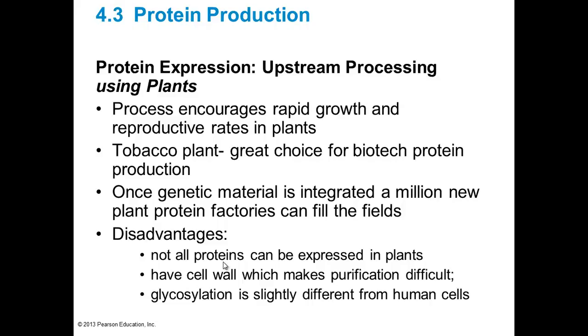And then they also have glycosylation patterns that are different from humans, and they could raise up, for a protein that's administered a lot, like insulin for a diabetic, this could raise up an immune response because there are two sugars, fucose and xylose, that are non-human that are in plant glycosylation patterns.